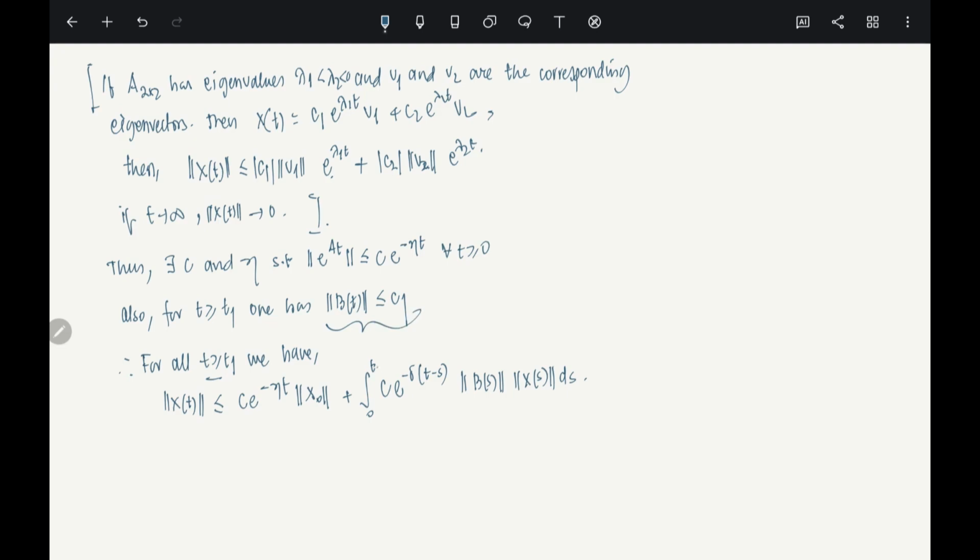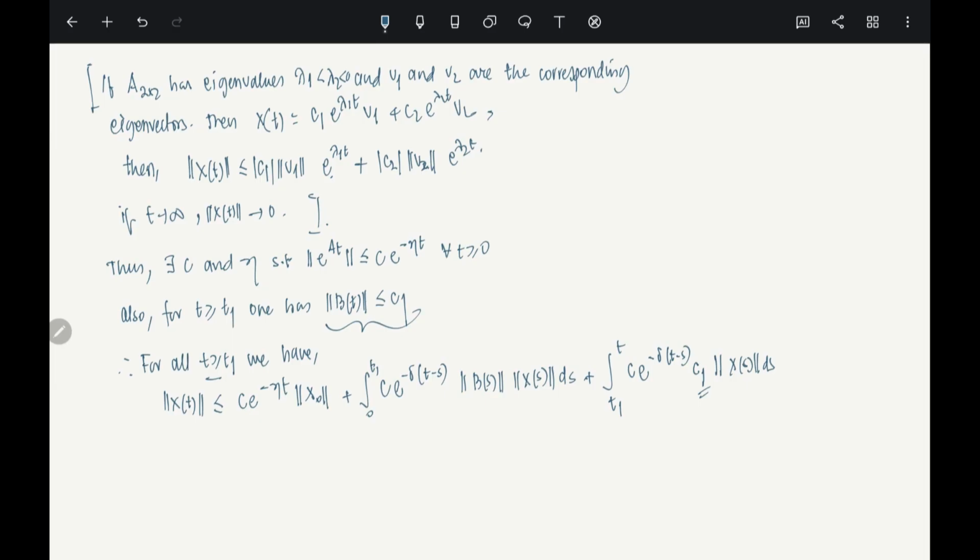So I will write the integral from 0 to t1, and then from t1 to t of c times e to the power minus eta (t minus s), c1 times norm of x of s ds. For all t greater than t1, the norm of B is dominated by c1, and between 0 and t1, B of s is just B of s. I hope this is clear. That is why I just broke it up.